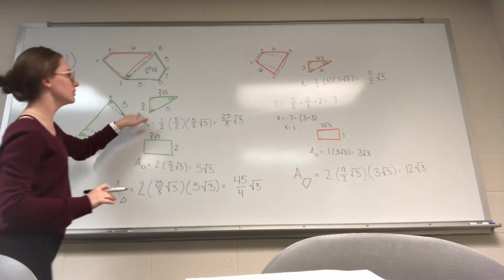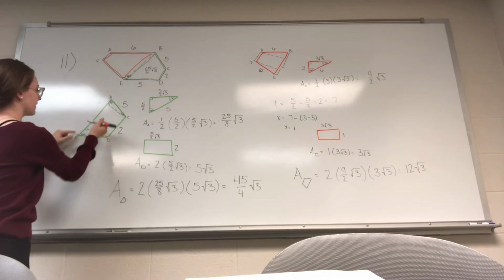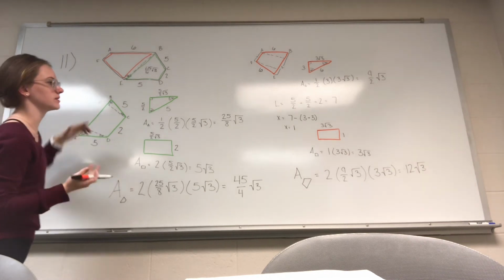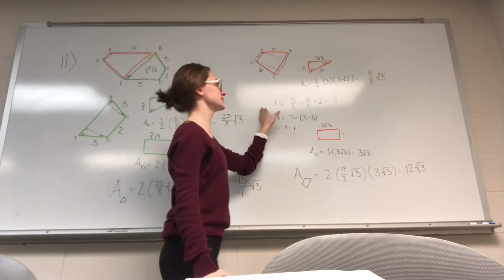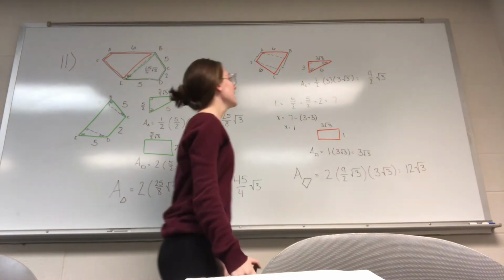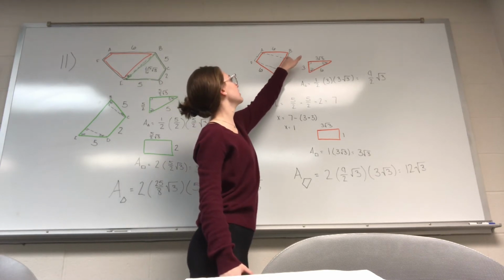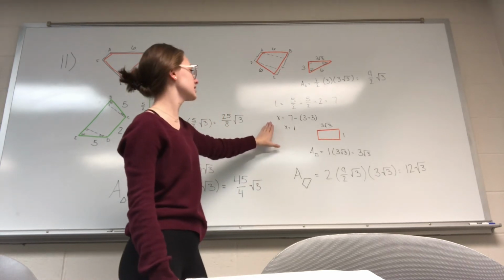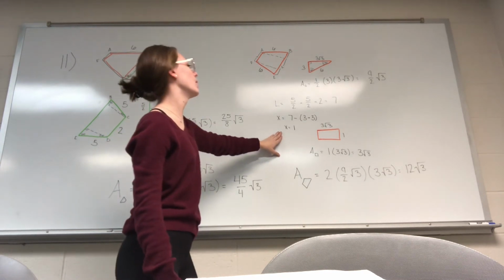So in our triangle, one side is 5 halves, this side is 5 halves, and then the middle is going to be 2. So we did 5 halves plus 5 halves plus 2 to get 7. And then we know that the lengths of the triangles are 3, so we took 7 minus 3 minus 3 to get x equaling 1.